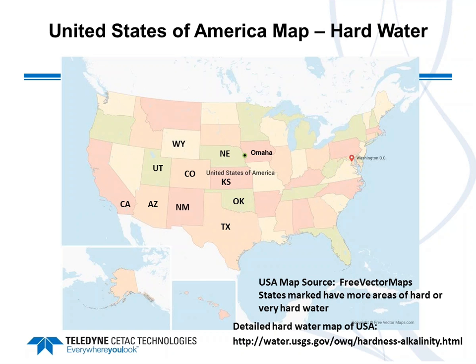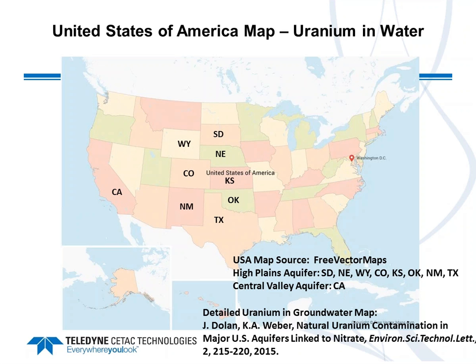U.S. Geological Survey. What is of interest, on the next slide, is the prevalence of uranium in groundwaters and the correlation of that in the U.S. with areas of hard water. In particular, two aquifers.